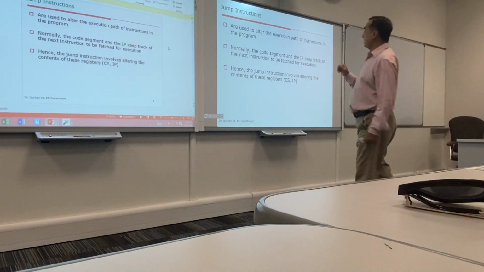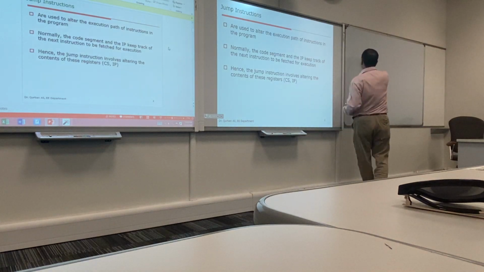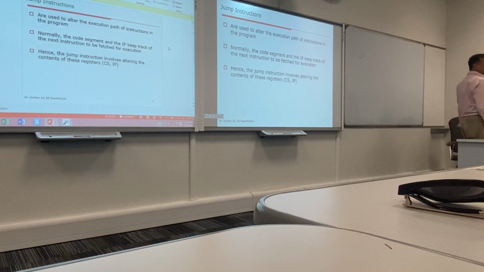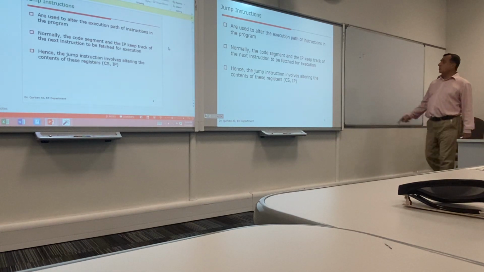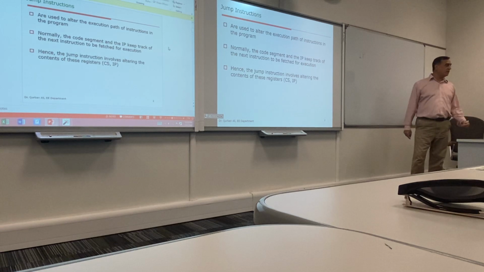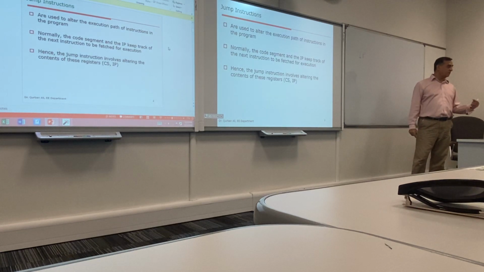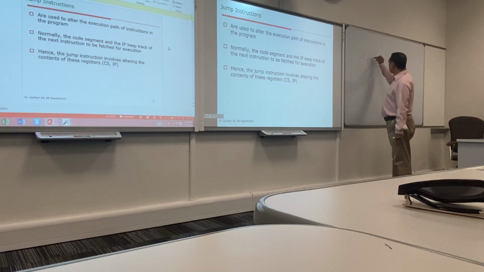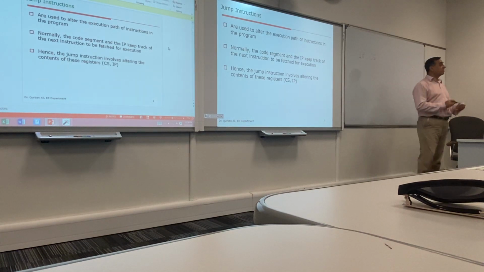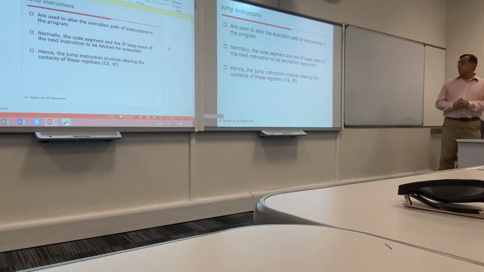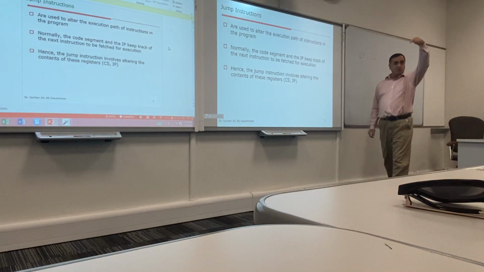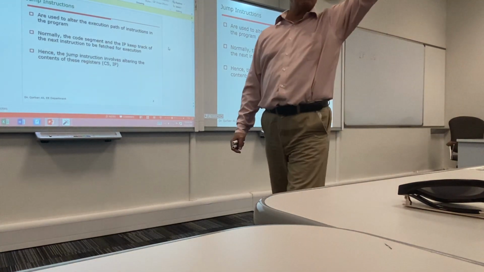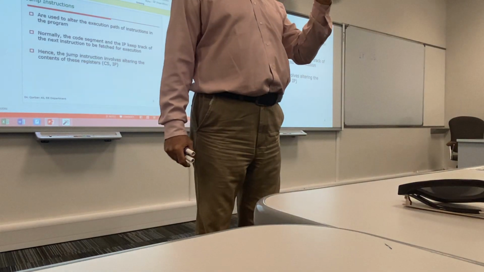So in jump, IP will always change. Whenever we jump, the instruction pointer contents will change because the address of the instruction is different. Sometimes the code segment address will also change. That means the base address will change. When I am jumping in the same program, obviously it will be the same segment, right? So the base address does not change.